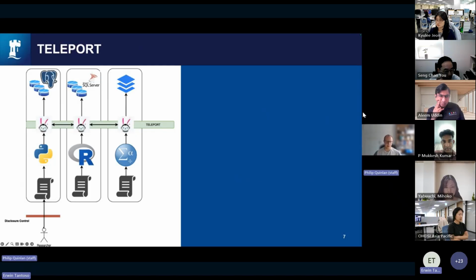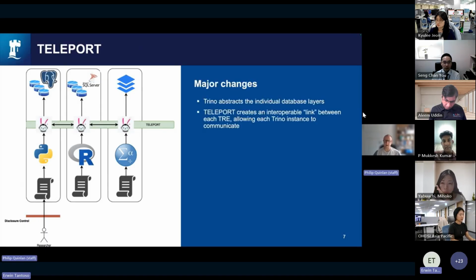So by logging into one, going through one's disclosure control process, it gives you a mechanism to have access to a whole network of TREs. So Trino does the federated databasing and is able to access different databases in different locations, but they also had some software and networking options there. So each TRE appeared as if it was on one network, as if it was all together.